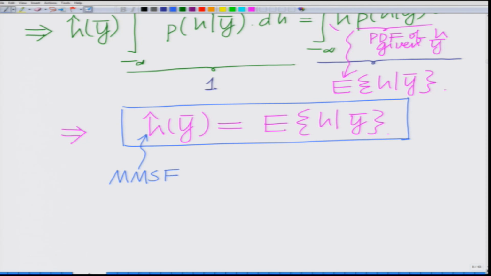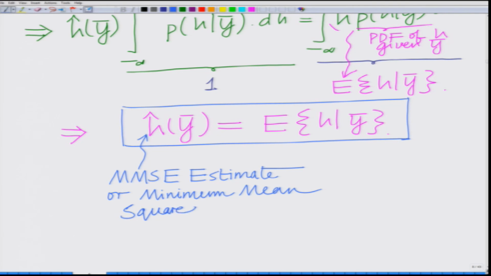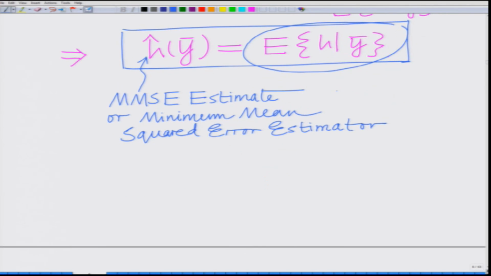This is the MMSE, or the minimum mean squared error estimator, and that is given by the expected value of the parameter, the average of the parameter, that is the expected value of h given y bar, that is the conditional mean of the parameter h.